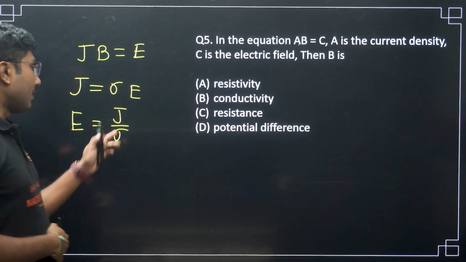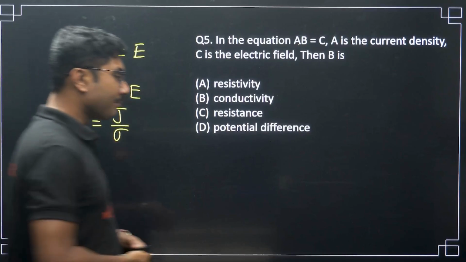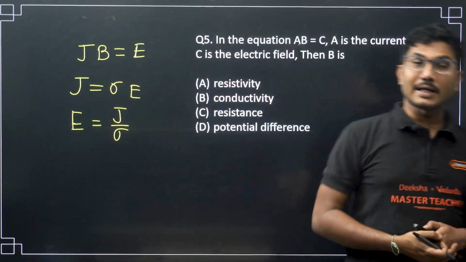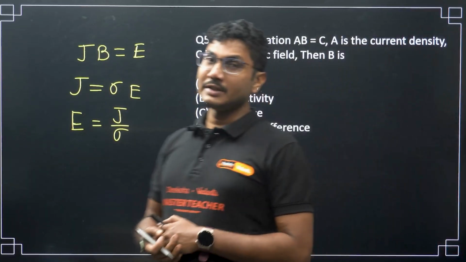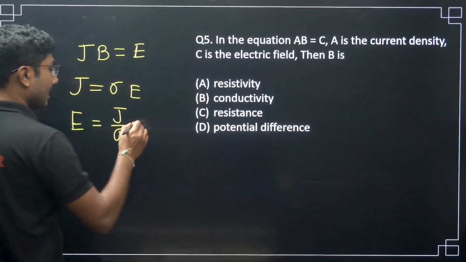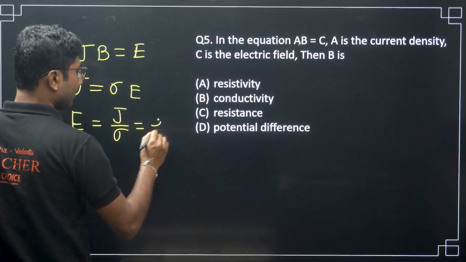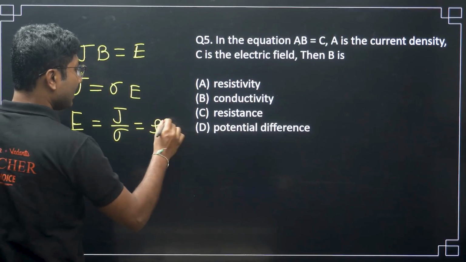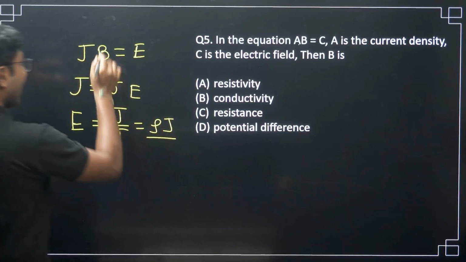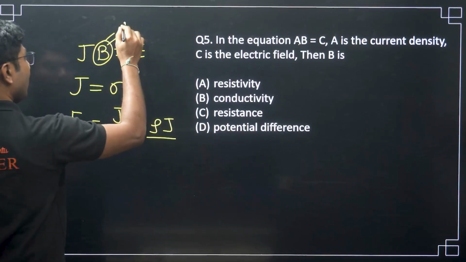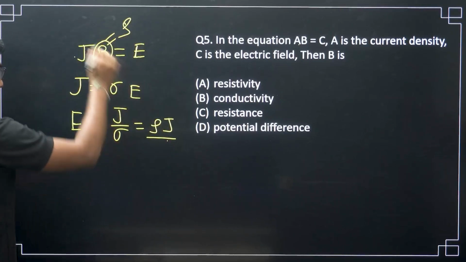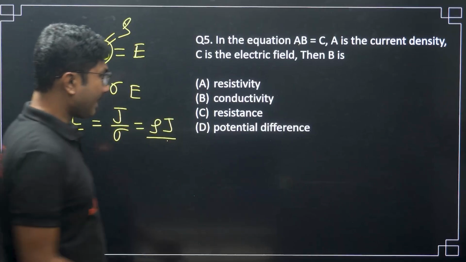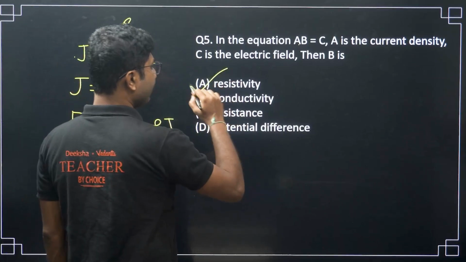Sigma is conductivity, so 1 upon sigma, I discussed in my theory lecture, is nothing but the resistivity. So the value of B must be equal to resistivity. If you compare these two equations, they match, so it is basically resistivity.